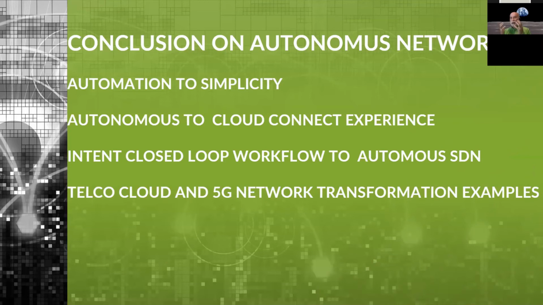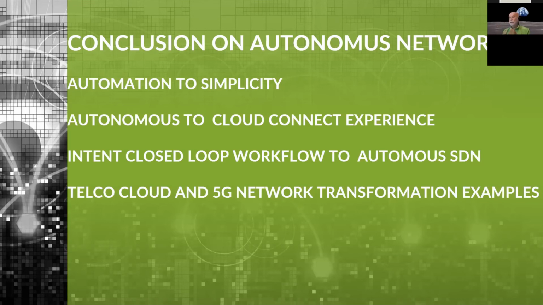You need to think about how to create and automate a layer of software, and how this layer of software will abstract and provide the value up to the layer above. And the intent layer is the critical part for creating a closed loop workflow for the new generation of SDN or autonomous SDN.